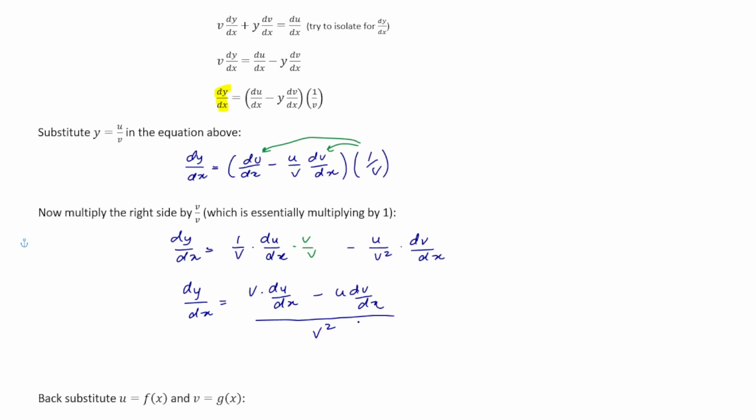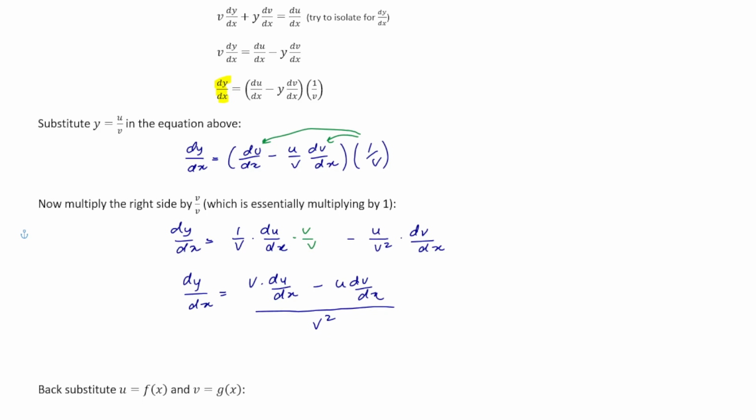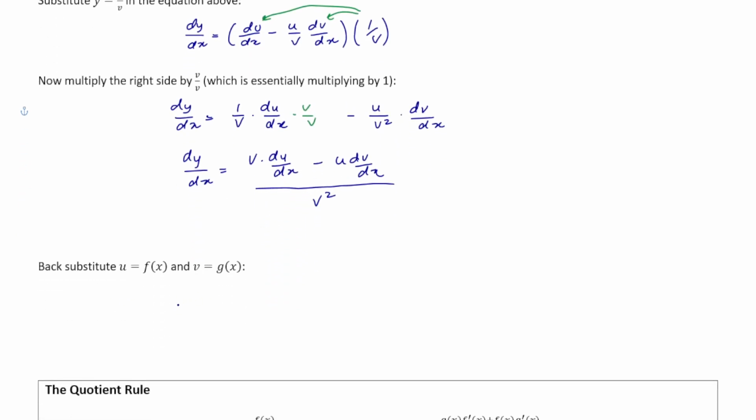Okay. If I back substitute u and v, then I will get dy dx, and instead of v, I'm going to write g at x. Okay, g at x was my denominator function, times the derivative of my numerator function, minus the numerator function, which was f at x, that was u, times the derivative of the denominator function, dg at x dx.